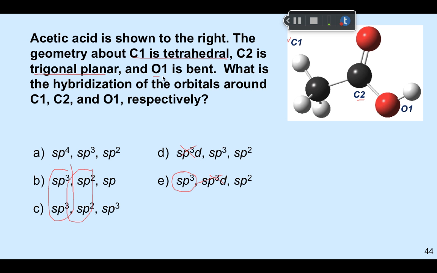And so if the oxygen atom is bent, we have to figure out what makes sense about that, because bent can come from one of two things. It's either going to be from 3 charge clouds or from 4 charge clouds. Well, oxygen has 2 bonds in this diagram, but in order for it to have an octet, as is typical, oxygen is very often going to have 2 lone pairs. When that's the case, that would be 4 charge clouds, and that gives you sp3 as your hybridization for that atom.